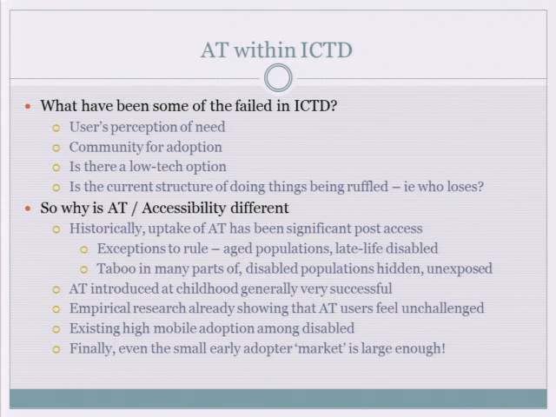This is in part because of a lack of perception of need, and a lack of usability of the information in the same way as the person designing it perceives it. Is there a community for adoption?